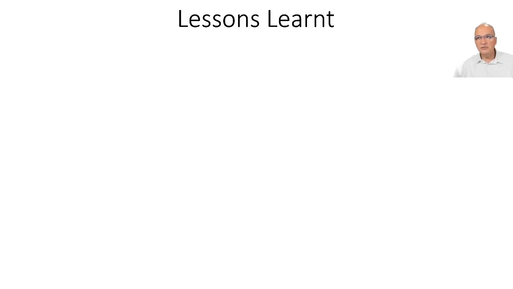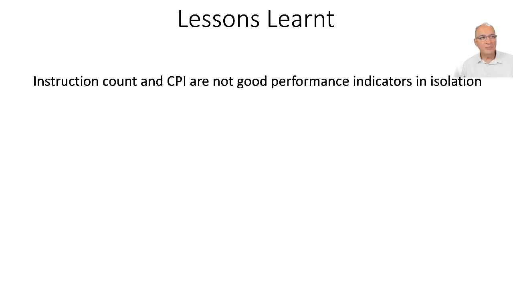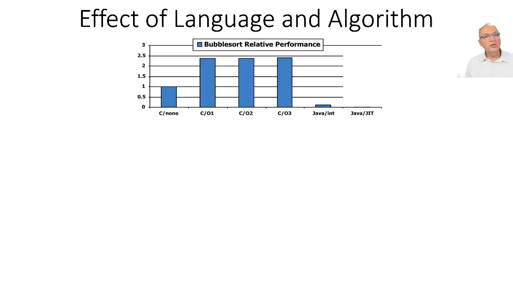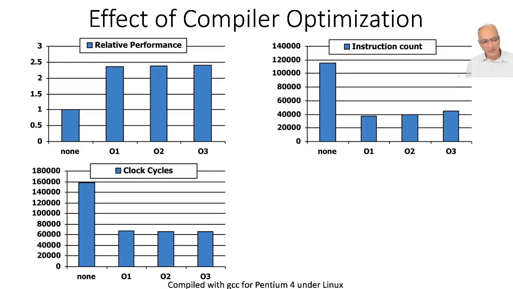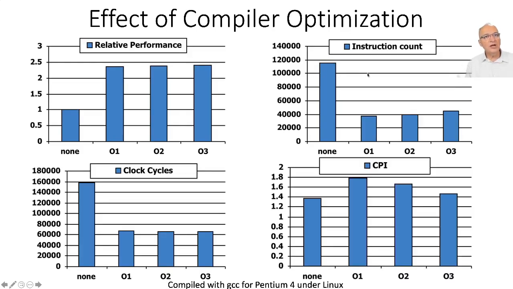So some of the lessons learned that we need to recap here is that the instruction count and the CPI, the average number of clocks per instruction, neither of them are good performance indicators if you look at them in isolation. So in the graphs that we saw in this last part of the lecture, we saw that when we look at instruction count, it was counterintuitive that we are increasing the instruction count as we are trying to make the program better.